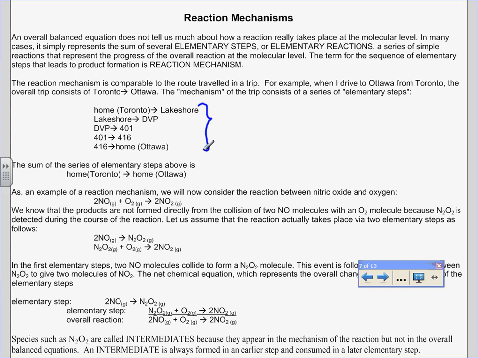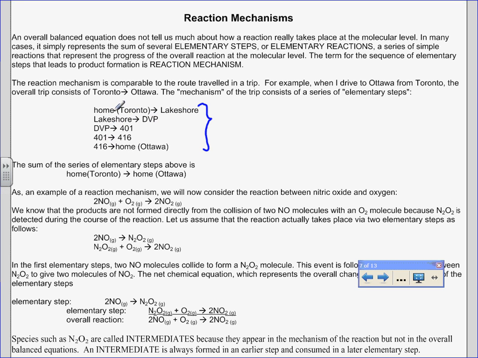So from Toronto, I would go from Toronto to the lakeshore, and then I would go from the lakeshore to the DVP, and then I would go from the DVP to the 401, and then the 401 to the 416, and the 416 to home. Okay, the lakeshore, the DVP, the 401, the 416, these are what are called intermediates. Okay, so they're not part of the overall journey.